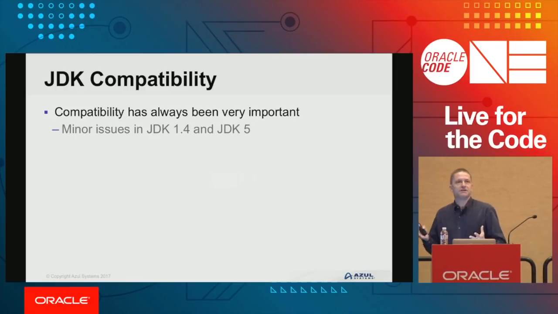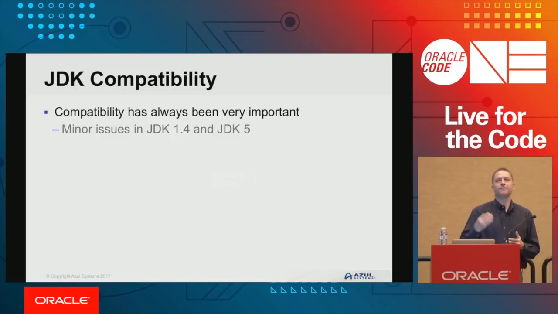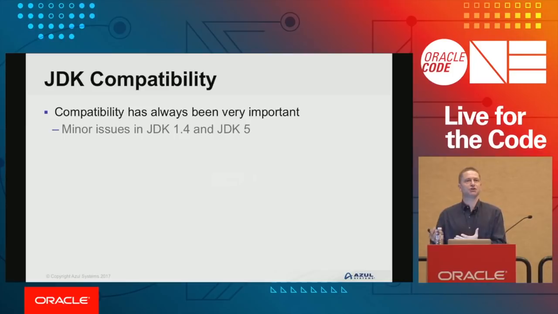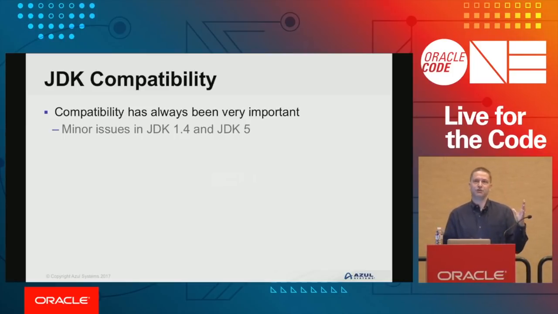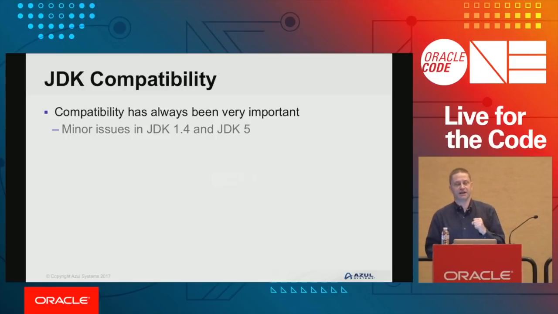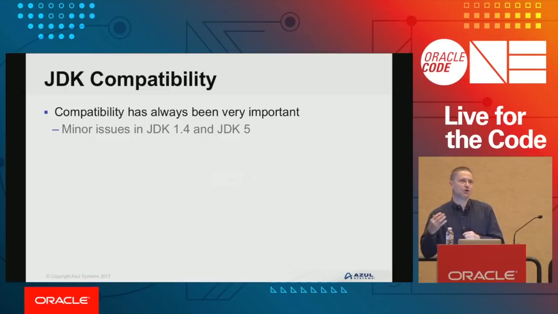Yes, there were a few things along the way that kind of caught us out. So if you look at JDK 1.4, there was the introduction of assertions. So assert became a reserved word in Java. That meant you couldn't call your variable name assert anymore. JDK 5 had enumerations. So enum became a reserved word, and you couldn't call your variable enum anymore.